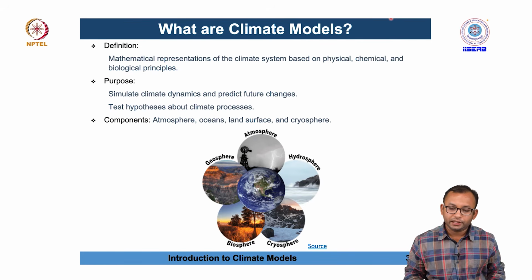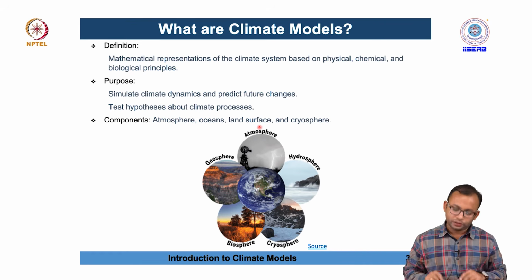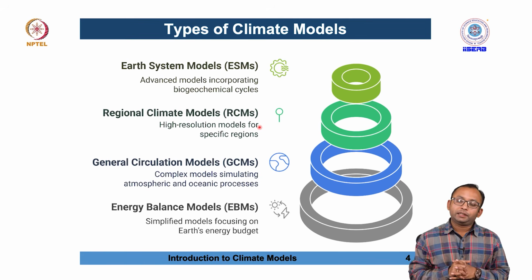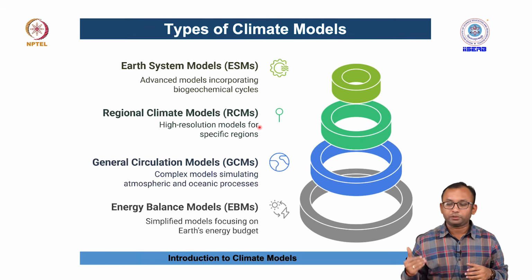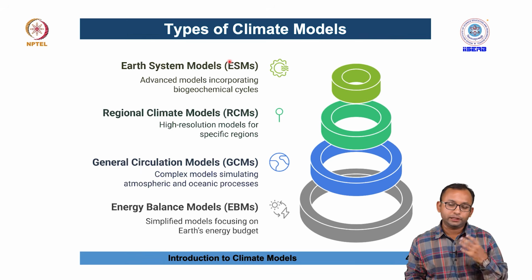As we suggested, there are several components in this model, called atmosphere, ocean, land surface, cryosphere, which are distributed across different spheres. Now the question is, how many types of climate model exist? There are several types. I have listed some of them. For example, there is a model called Earth System Models, ESMs.